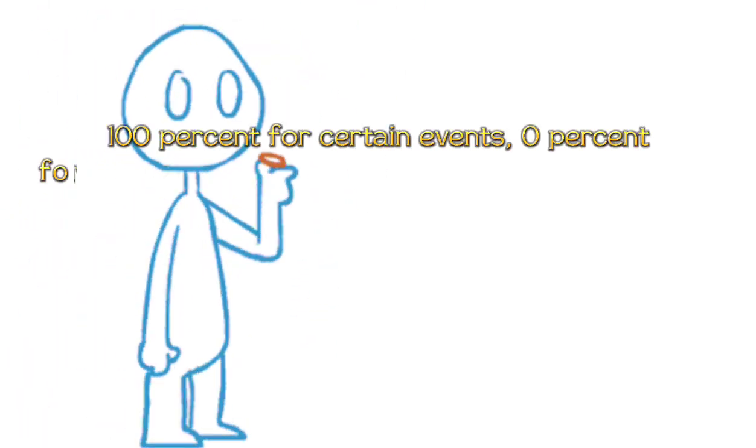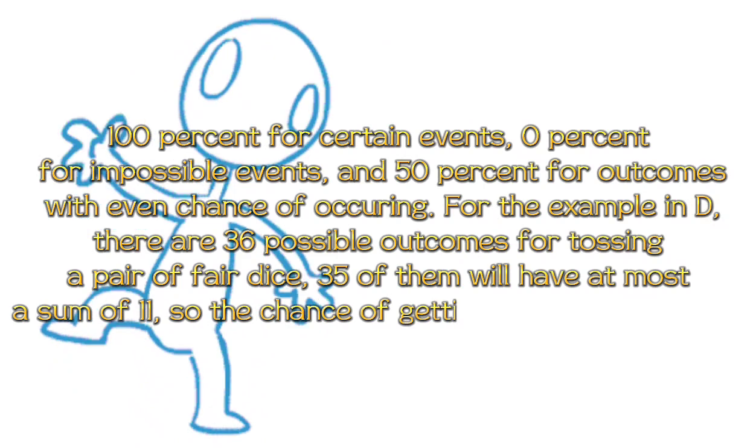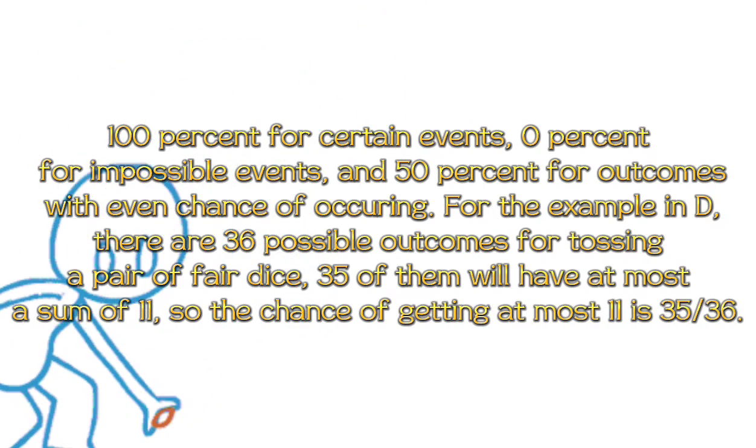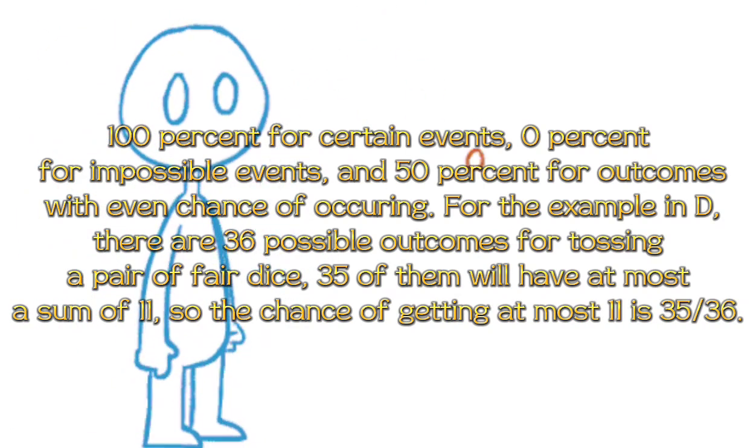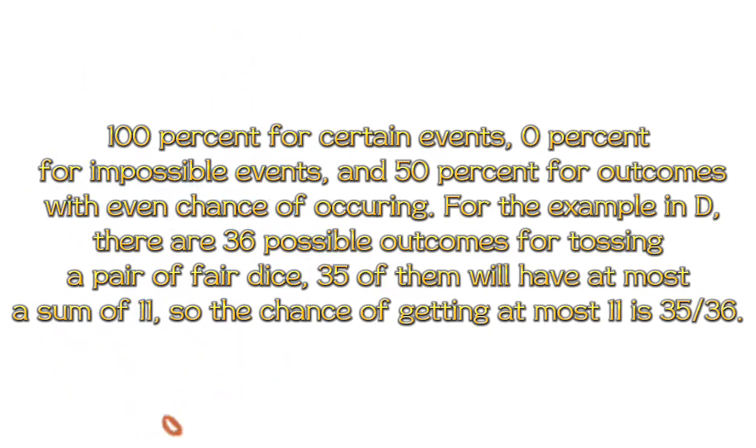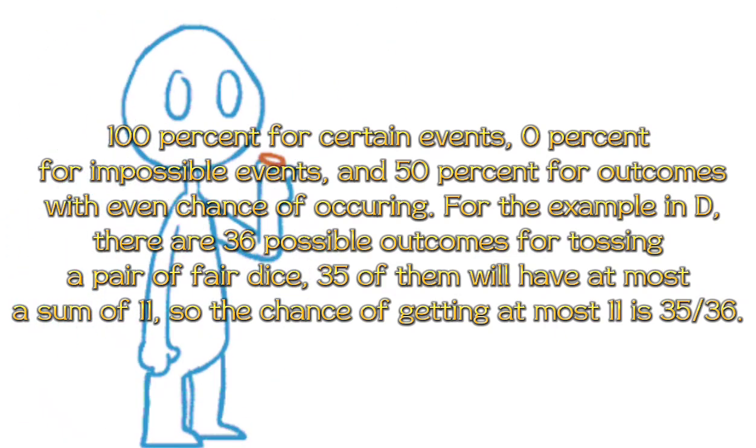Then, ask them the probability associated with these events. Answers: 100% for certain events, 0% for impossible events, and 50% for outcomes with even chance of occurring.